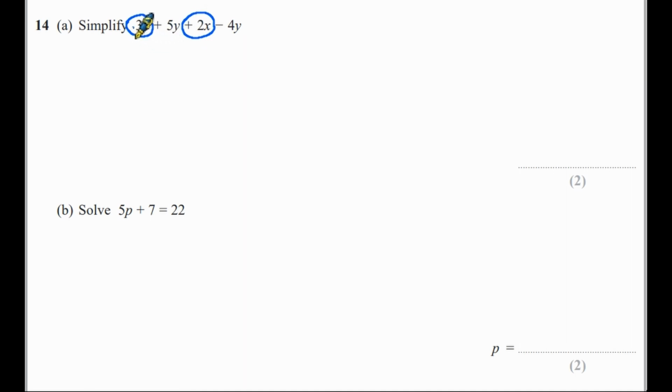So quite simply, 3 plus 2 is 5. Therefore, altogether, we have 5x's. Let's have a look at the y's. We have 5y's, that is a plus, so 5y minus 4y. So 5 minus 4 gives us 1, so it's plus 1y, which we simply write as y.